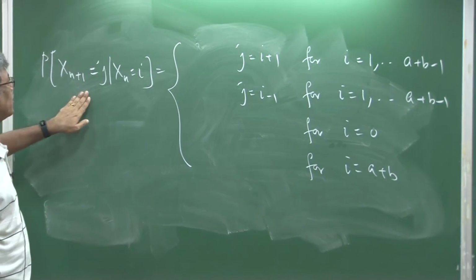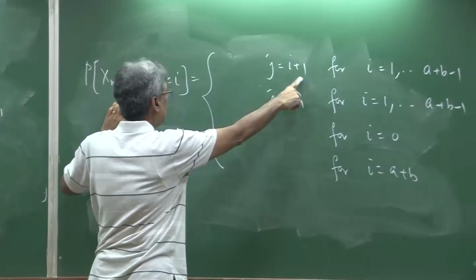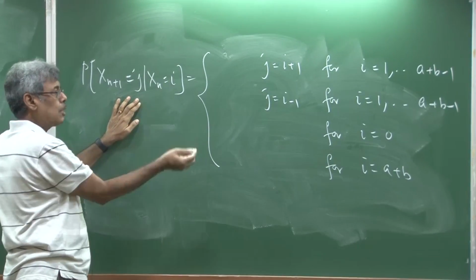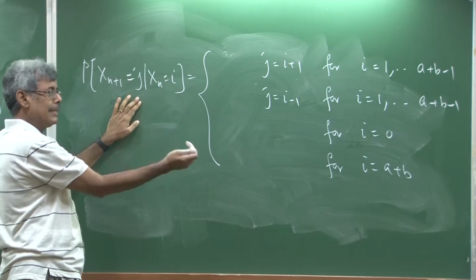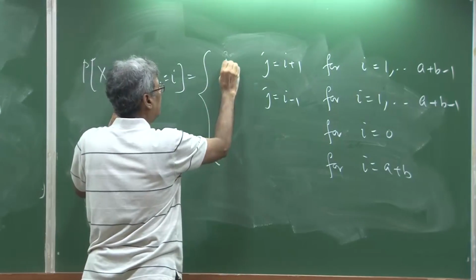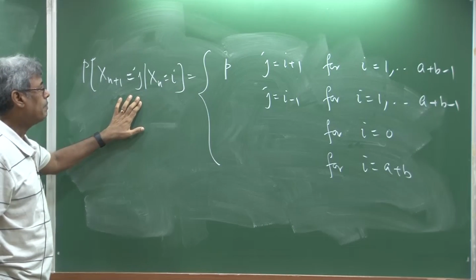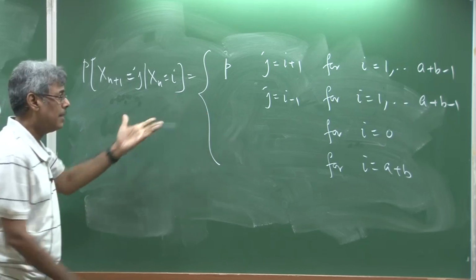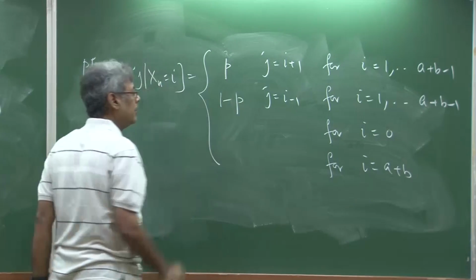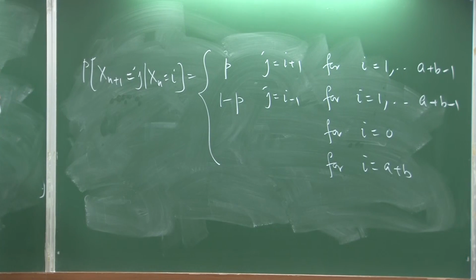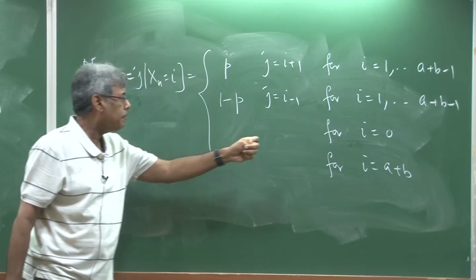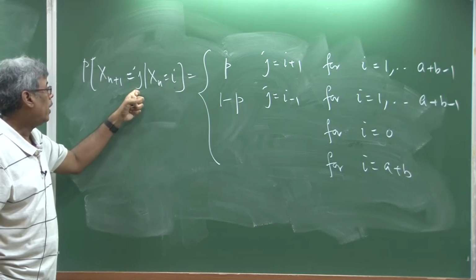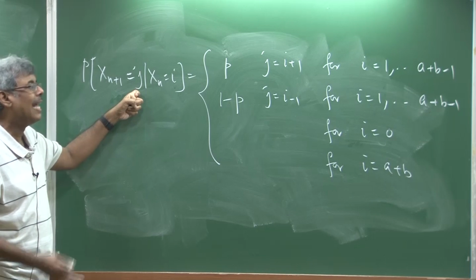Now if j is equal to i+1, moving from i to i+1, it has to be a head, because only then is he getting the money from B. So that probability is p. If he is losing one unit of money, it has to be a tail, which is 1-p. And if i becomes equal to 0, what are the possibilities of j? j has to be 0.